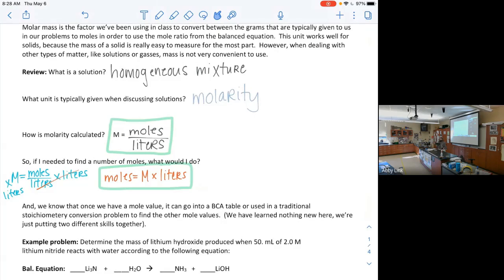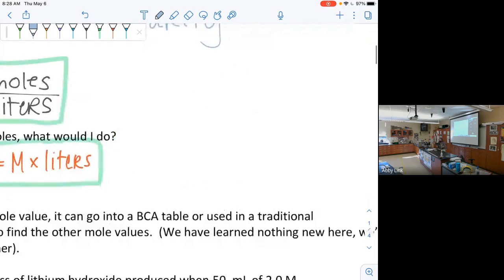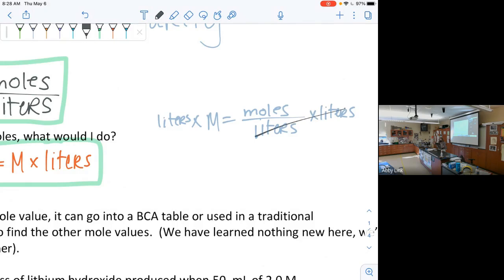Now, if I wanted to find liters, how would I do that? So let's come over here. I'm going to rewrite the equation just so we have space. So we're actually going to start it the same way. We're going to multiply both sides by liters because we got to get liters out of the denominator. All right, so they go away.